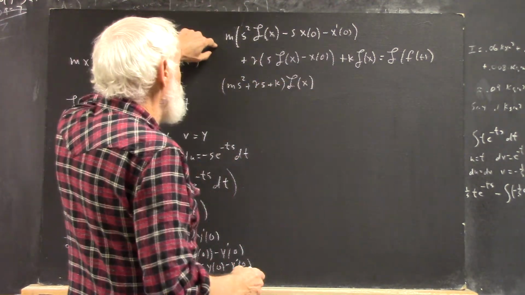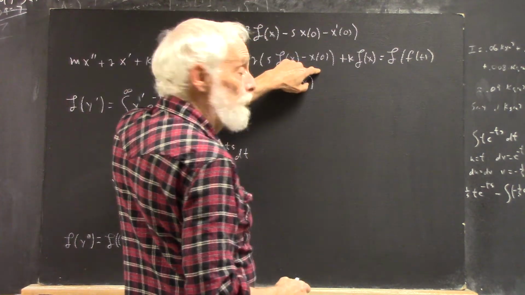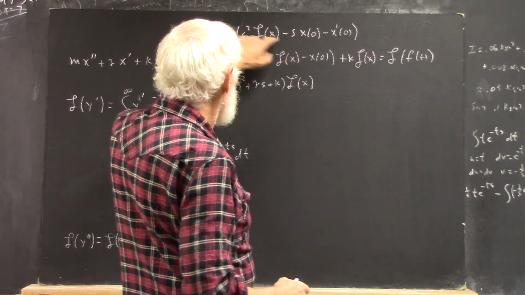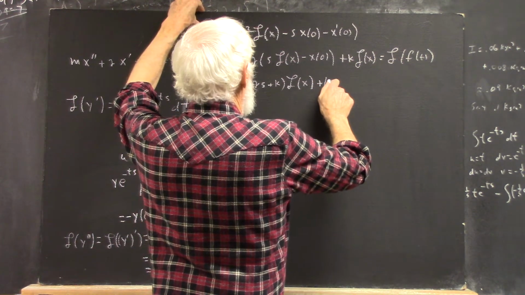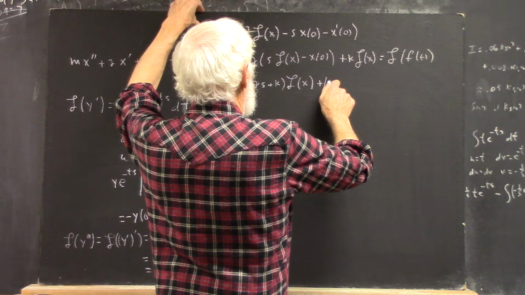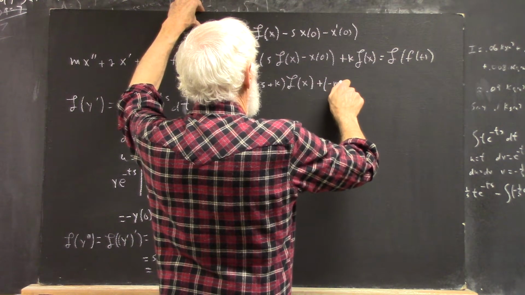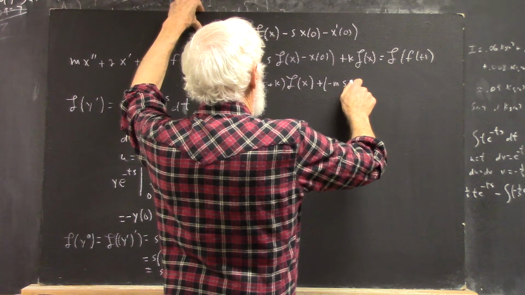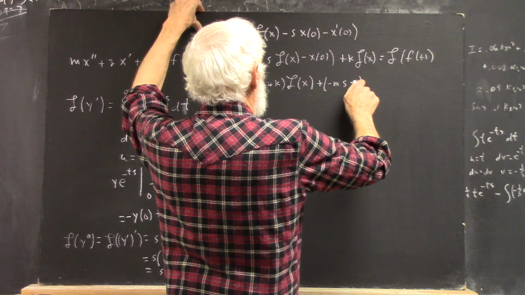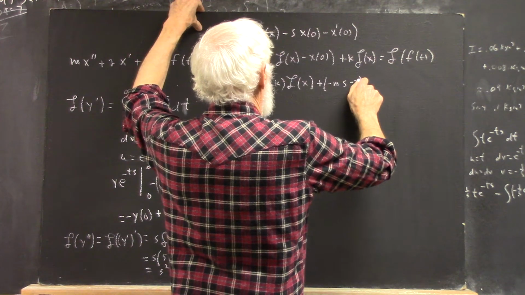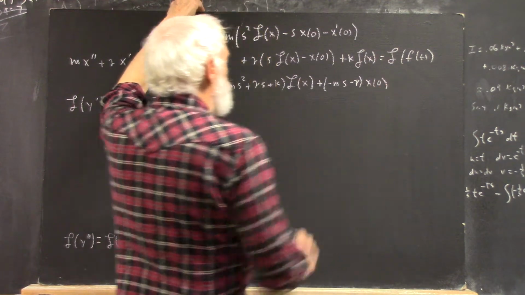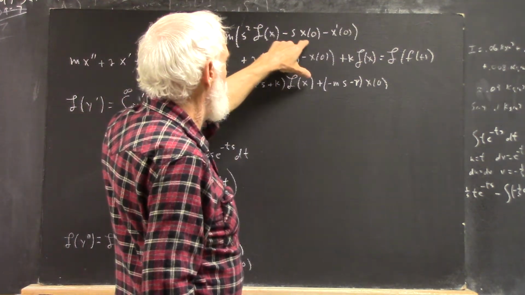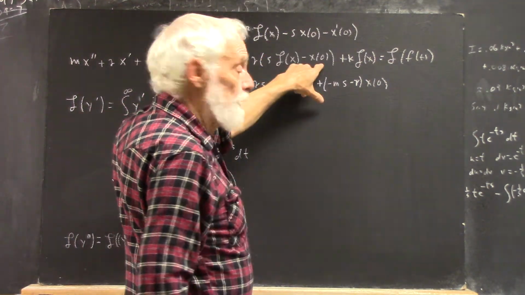We have x of 0 here and here with an s times m, we have a negative ms times x of 0 and a gamma times x of 0.